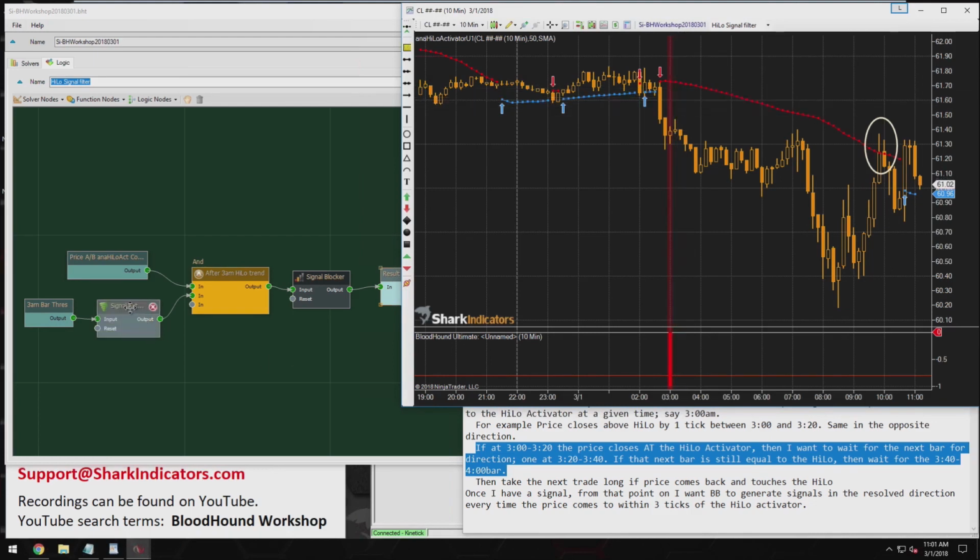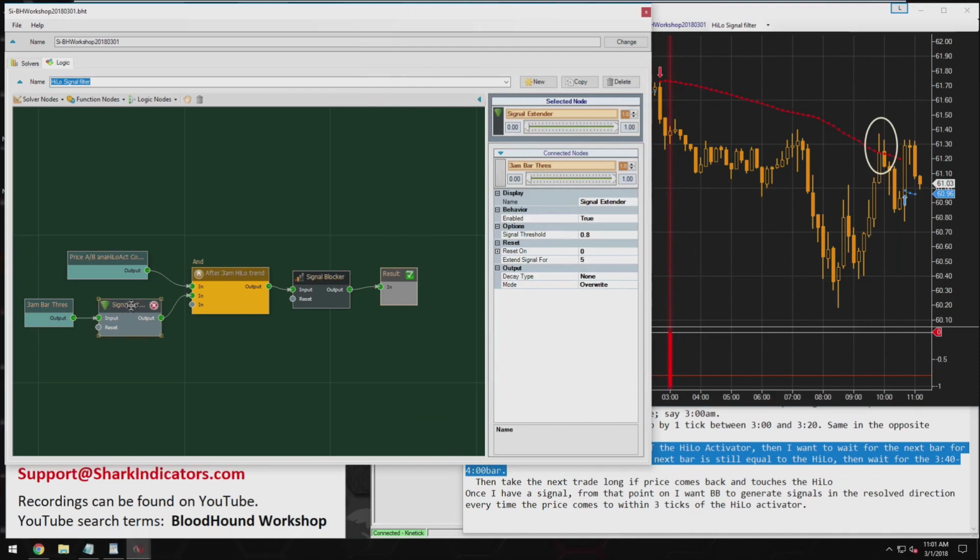So the way that was accomplished was we used our signal extender, and I'm just using the default setting of extended for 5 bars. I'm pretty confident that within 5 bars price will move off the indicator.